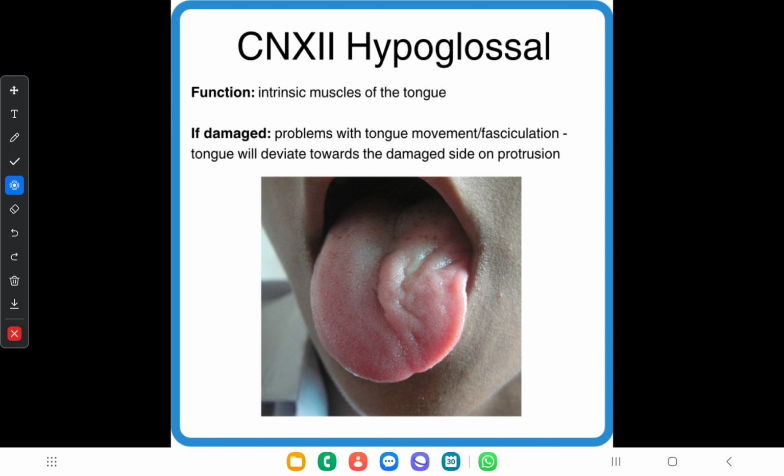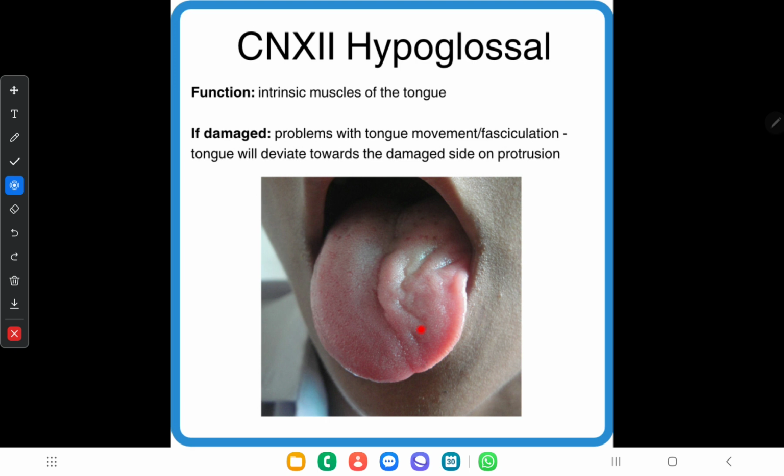And in this picture, here the tongue is deviated to the left side. Here is the right side and here is the left side. The tongue is deviated to the left side. So, if there is a unilateral lesion of the hypoglossal nucleus, the protruded tongue deviates to the side of the lesion.